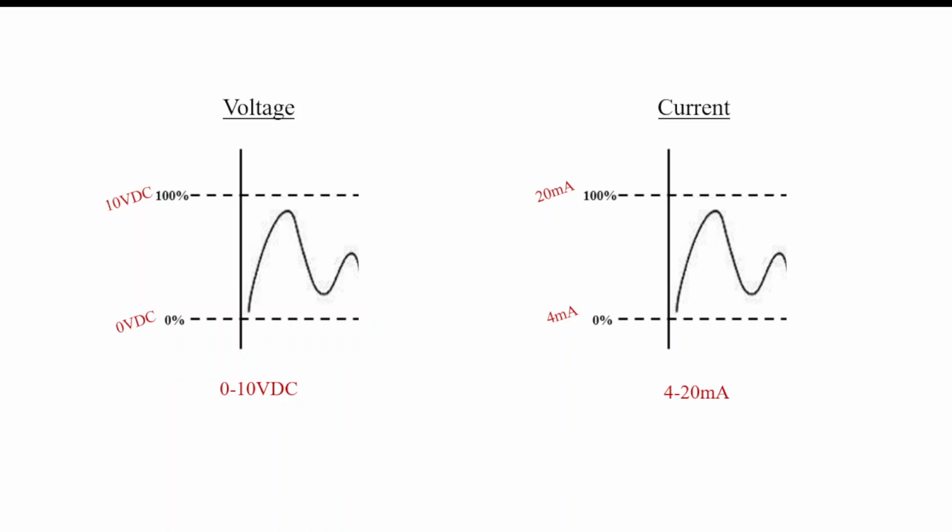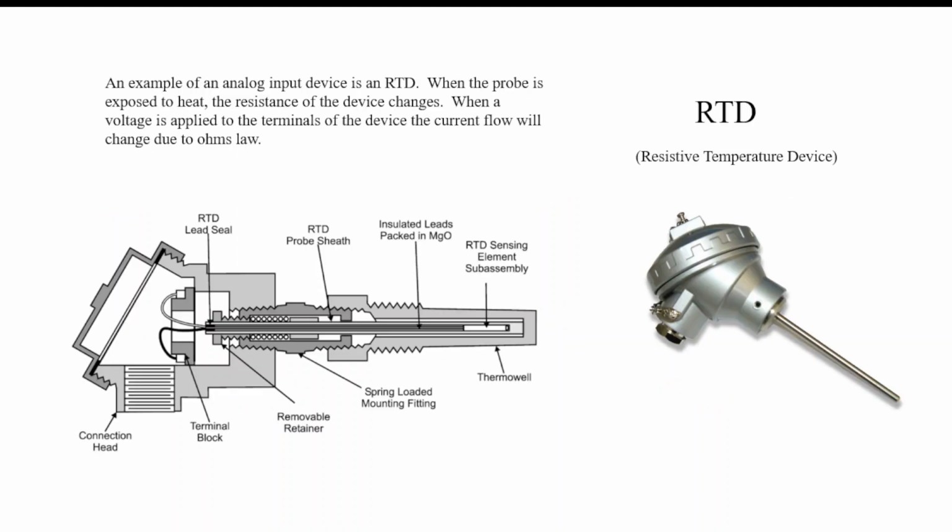The two most common in industry are a 0 to 10 volt DC system or a 4 to 20 milliamp system. And yes, you're reading that right, 4 milliamps would be considered 0% of the signal and 20 would be considered 100%, whereas on the voltage one, 0 volts would be equivalent to 0% and 10 volts would be equivalent to 100% of the signal strength.